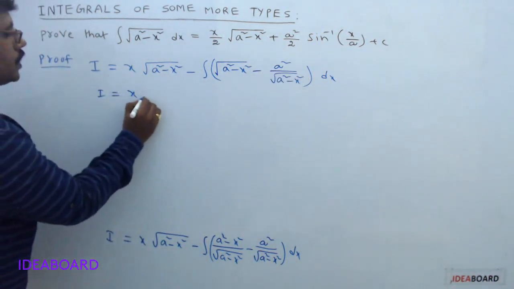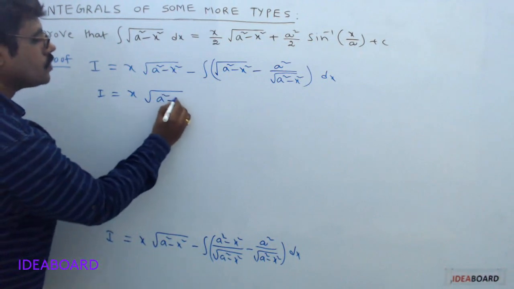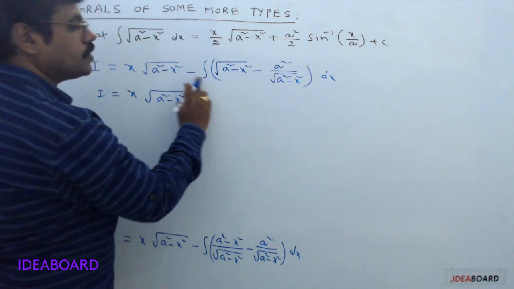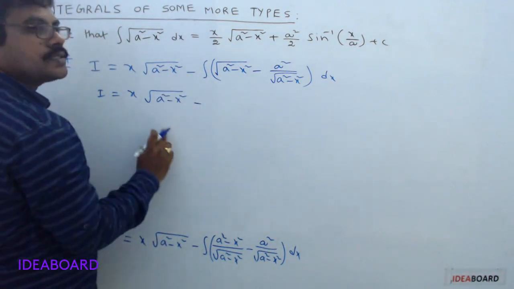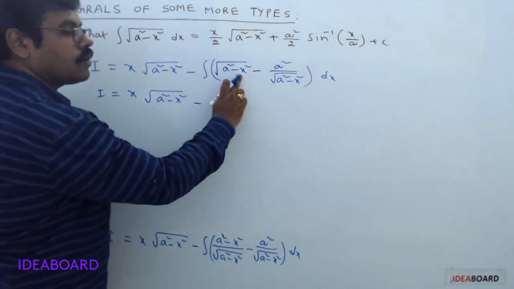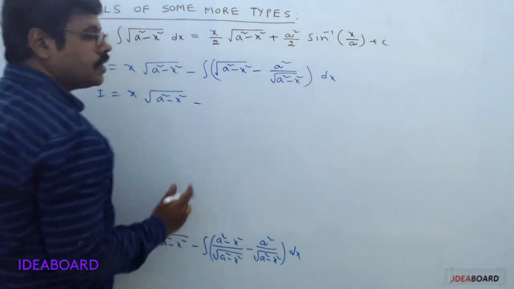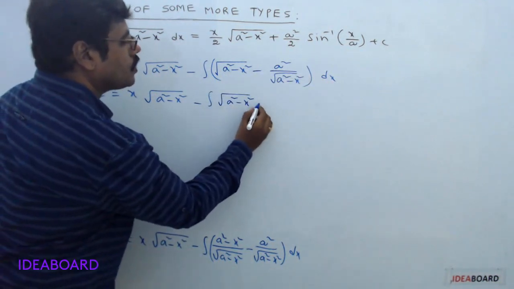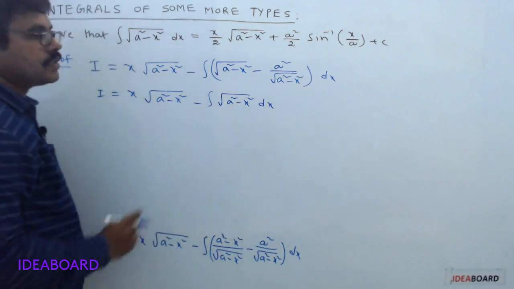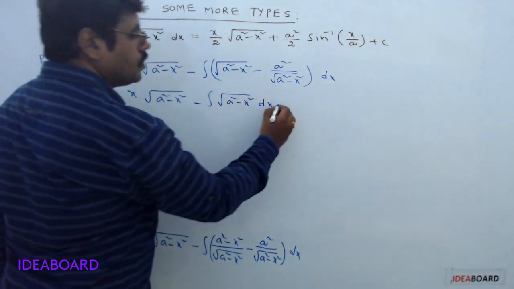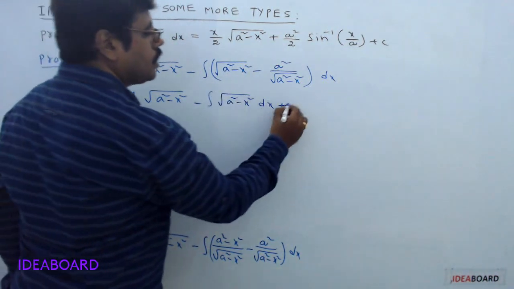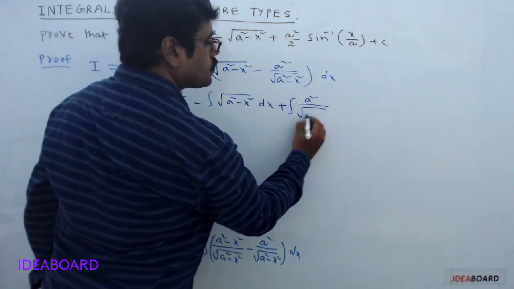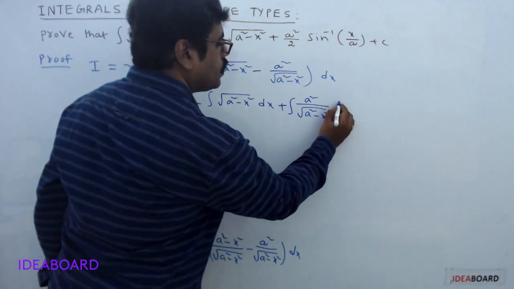Now I equal to x into root of a square minus x square minus, separate these two terms with integration, minus integral root of a square minus x square dx, minus into minus plus integral a square divided by root of a square minus x square dx.